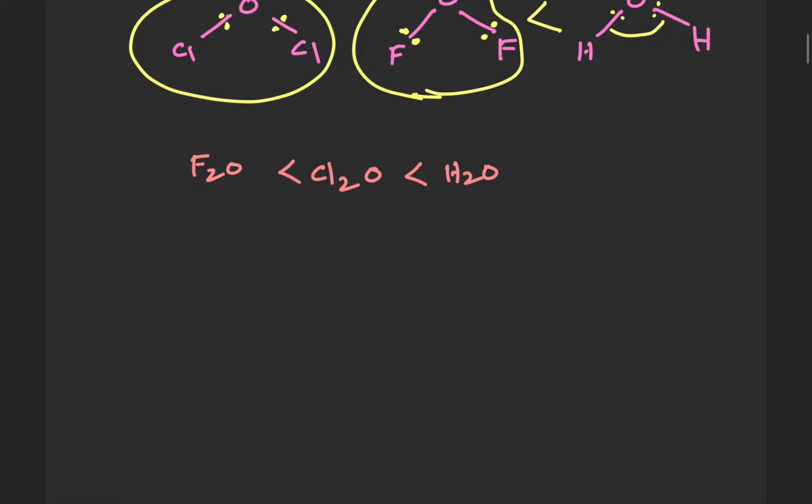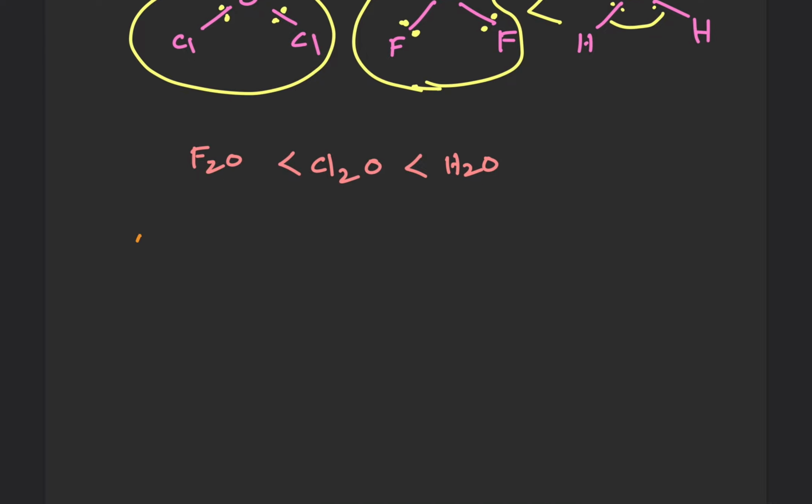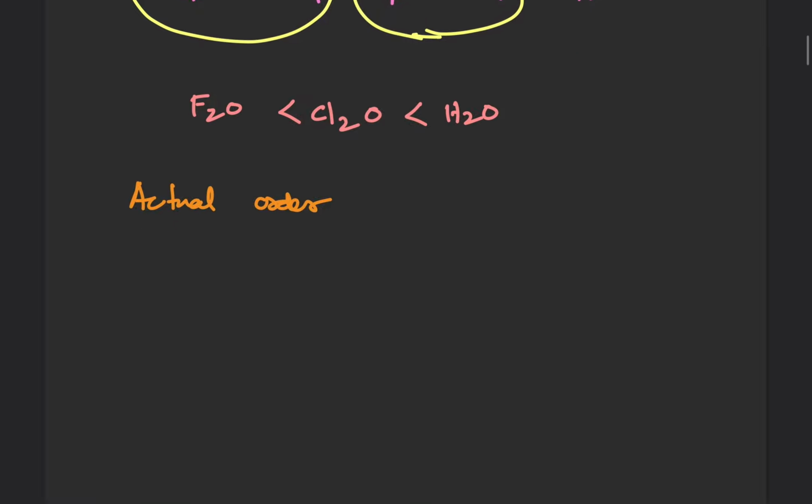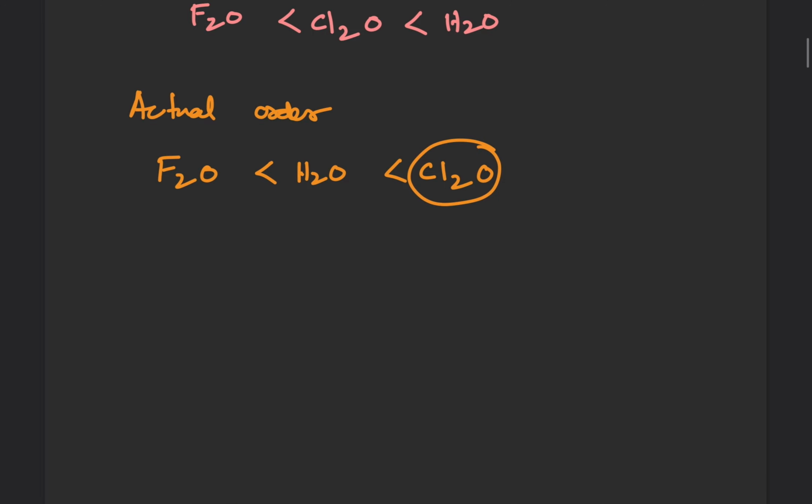Okay, but to our surprise, the actual order is F2O, H2O and Cl2O. Cl2O has the maximum bond angle value. So there are three reasons for this observation. If we look at the structure of Cl2O, we have oxygen, chlorine, chlorine. Obviously, there are two lone pairs on oxygen.